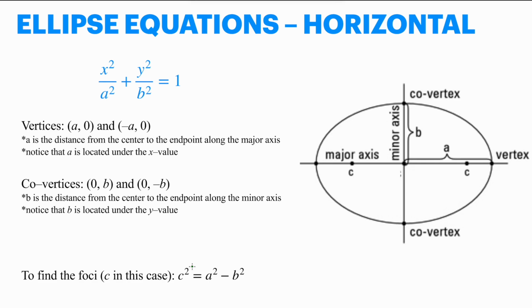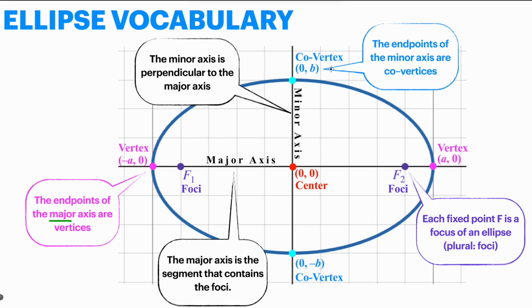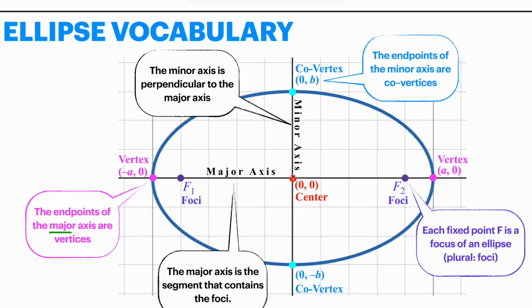If you have a horizontal ellipse, this is the equation of an ellipse: x squared over A squared plus y squared over B squared. If you remember, A represented the vertex along the major axis.